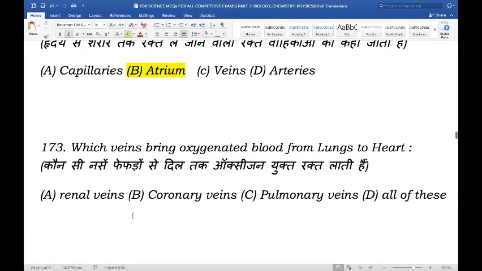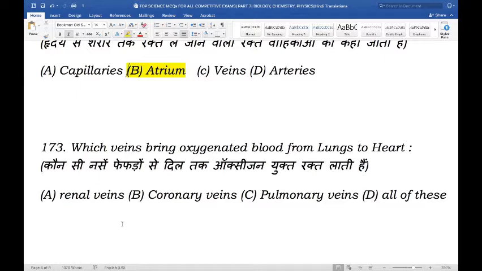Moving on to the next one. Which veins bring oxygenated blood from lungs to heart? Is it A, renal veins, B, coronary veins, C, pulmonary veins, or D, all of these options? So which veins bring oxygenated blood from lungs to heart?